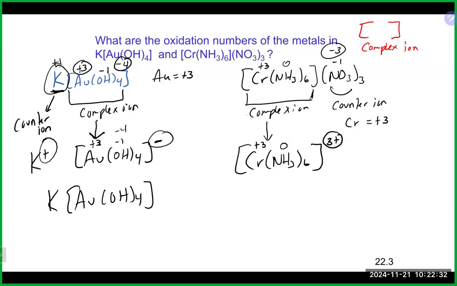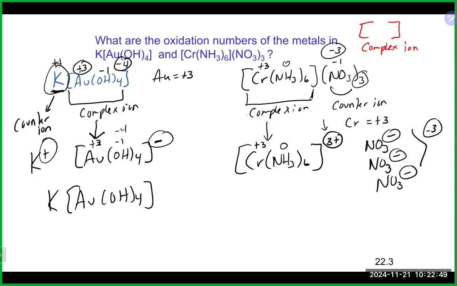That is why when we look at our counter ion, which is our friend nitrate, NO3 minus, we need not one, we need not two, but we need three of them to balance out that +3 charge. And again, that is why we have three of them in this case.